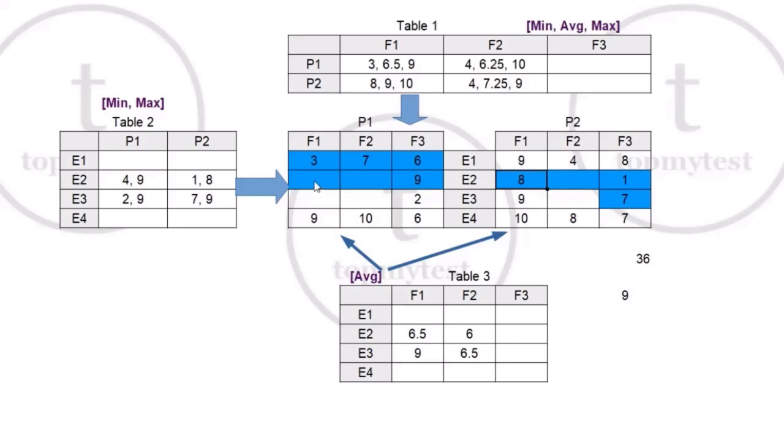So I can easily fit the average using this. With 8, you need to get 6.5. 6.5 into 2 is 13. So 13 minus 8, this value should be 5. And to get a 9 with an average of 9, this has to be a 9. You can cross verify for this column. Okay, this column is done.